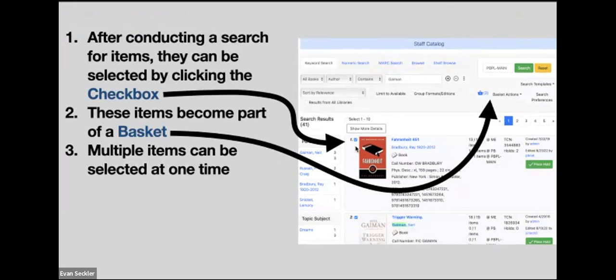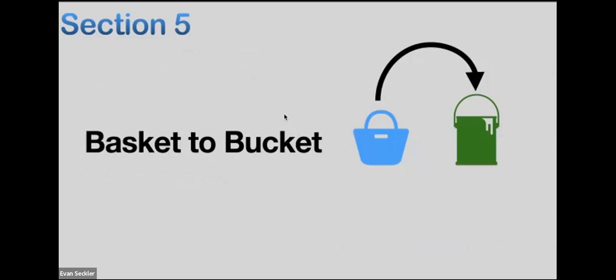As I was mentioning before, this allows you to select multiple items, and then you'll click on your basket actions, and then you can add them to a bucket. I'm going to go ahead through this part as well on the slide, and then I'll show you how to do that all on the web.